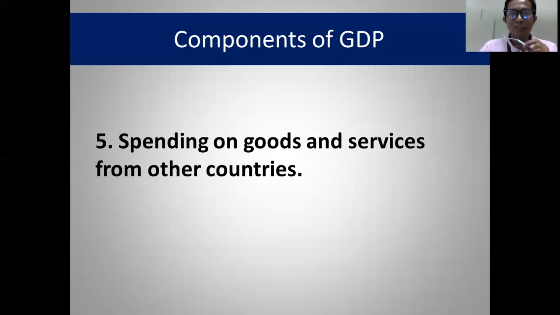Why? Because again, GDP is computed on total product produced, goods and services produced within the territorial boundary of an economy.